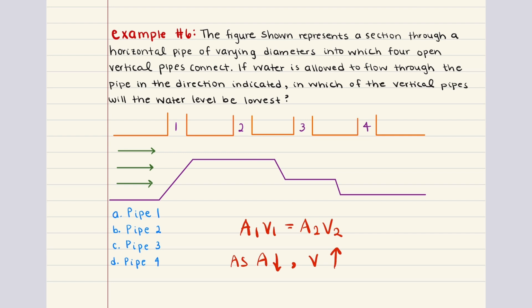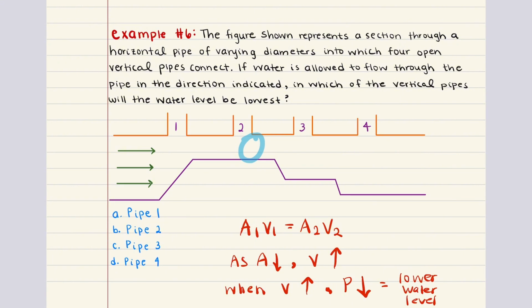This increase in velocity results in a decrease in pressure according to Bernoulli's principle. Bernoulli's principle states that where the fluid's velocity increases, its pressure decreases. This pressure drop at the narrowest part of the pipe causes the water level in the connected vertical pipe to be lower than in any other sections.